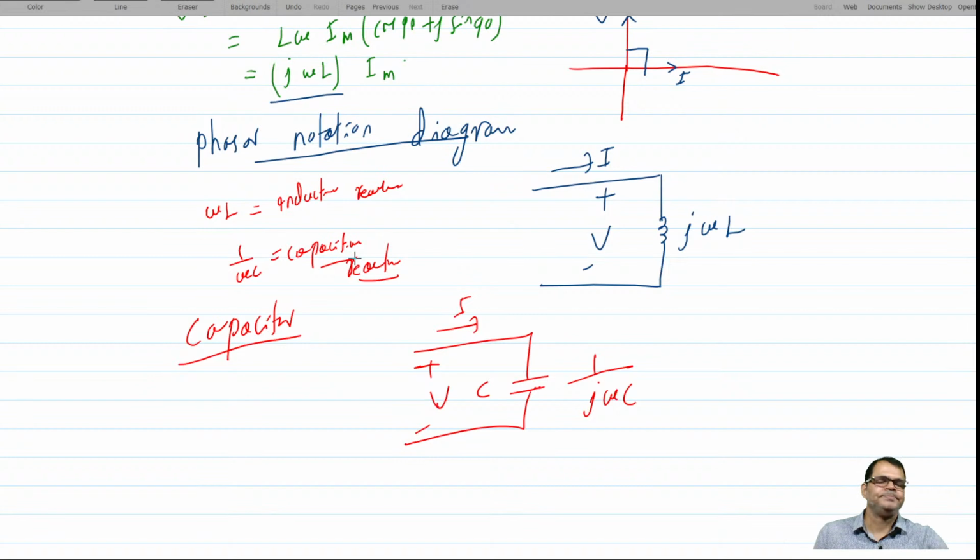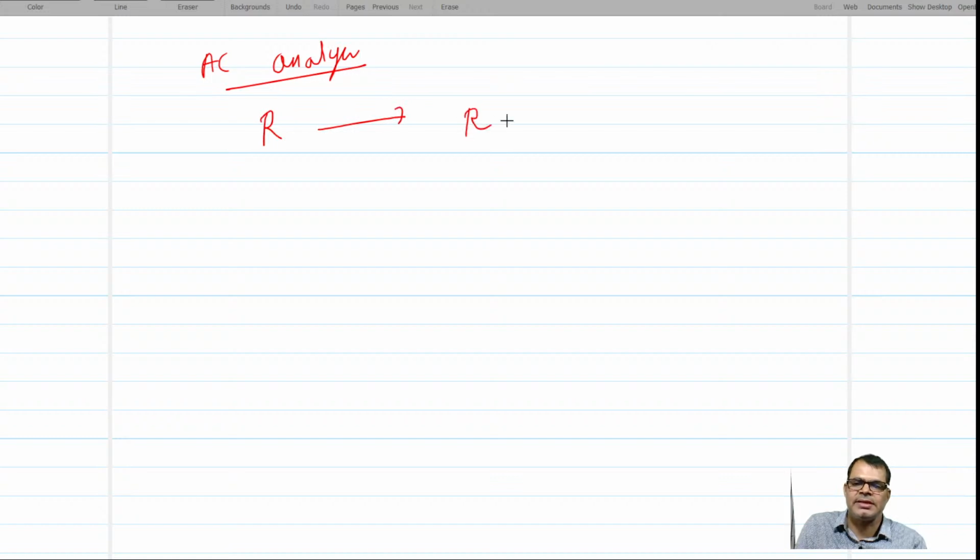Let us summarize. In a steady state AC environment, I am discussing not transient AC analysis, it's steady state AC analysis as I told in the beginning. A resistor remains a resistor in the circuit.